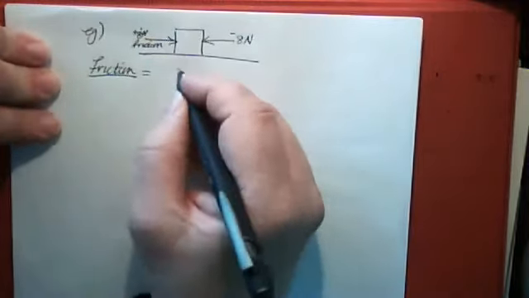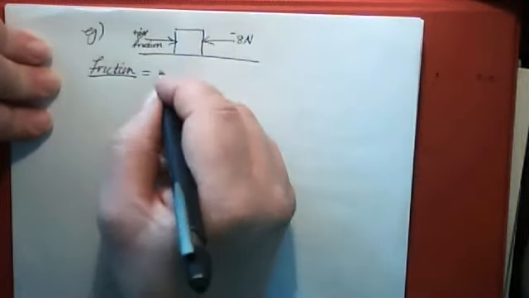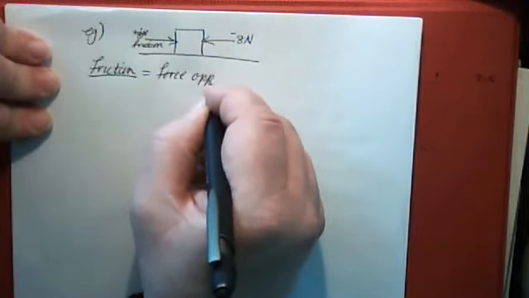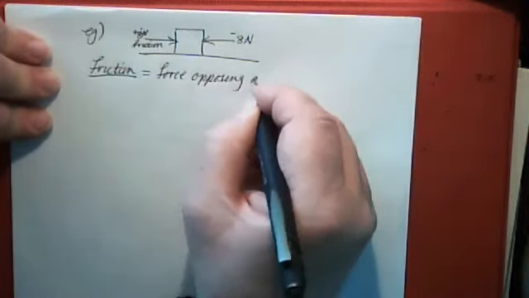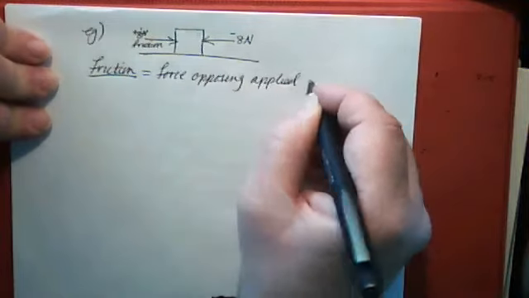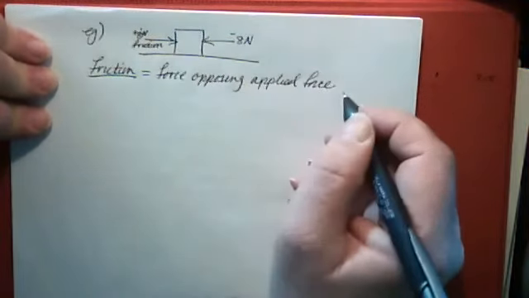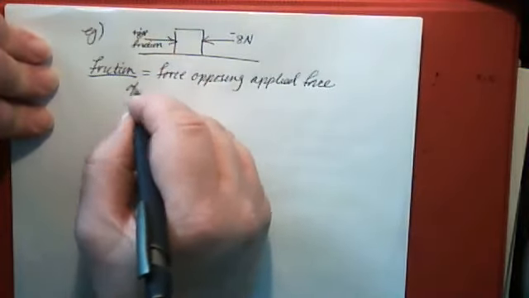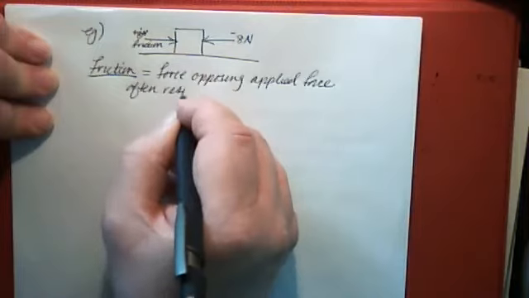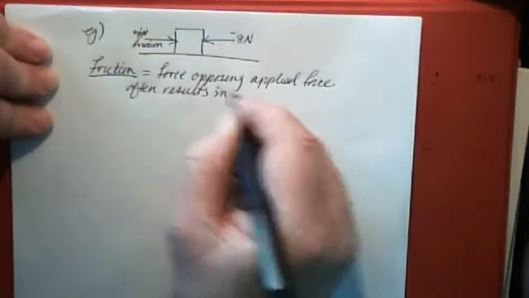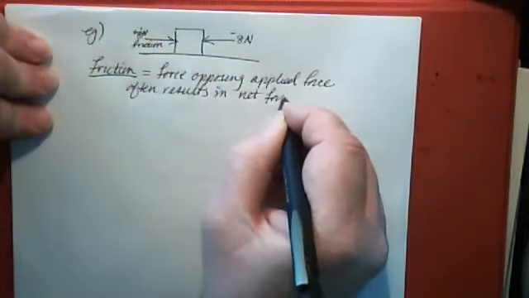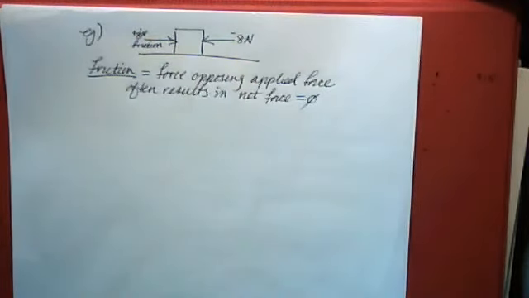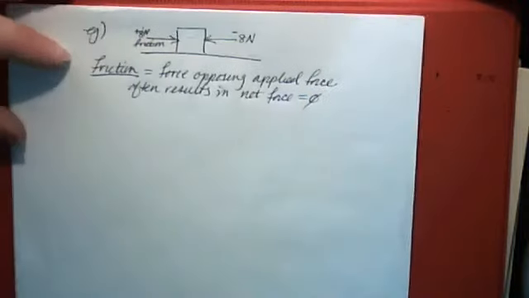Friction is a force that opposes applied force. And friction often results in a net force of 0.